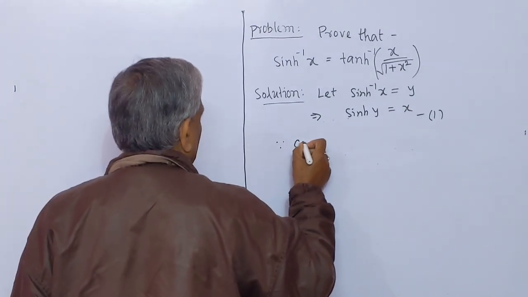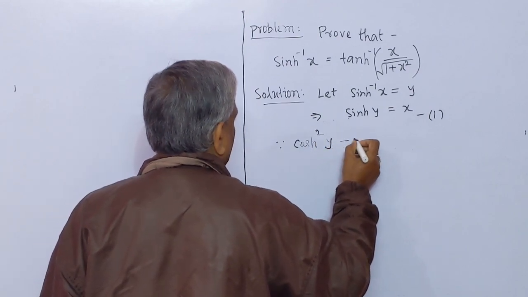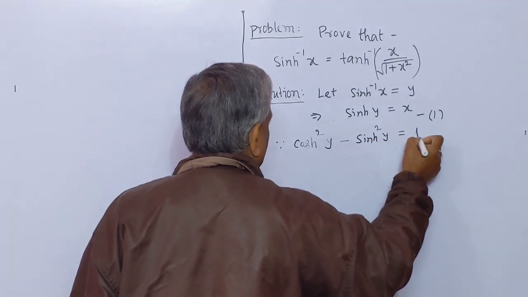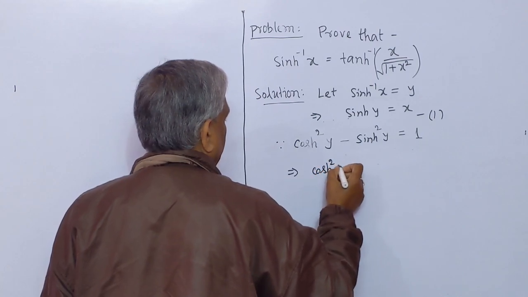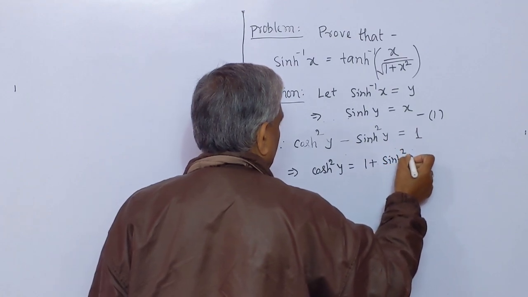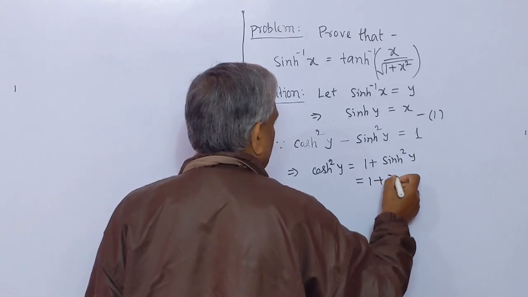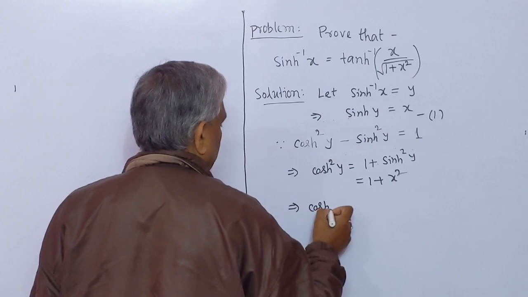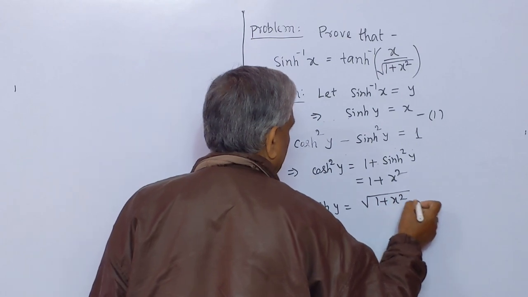Since cosh square y minus sinh square y equals 1, it implies that cosh square y equals 1 plus sinh square y, and this is equal to 1 plus x square, which implies that cosh y equals square root of 1 plus x square.